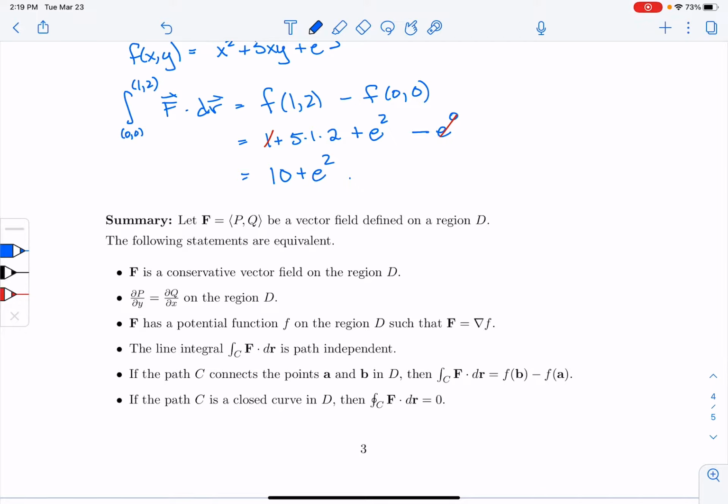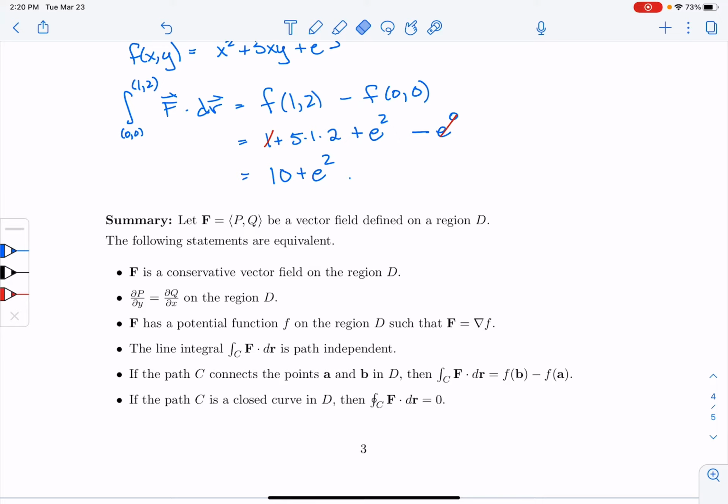We've learned that we can use the fundamental theorem of calculus for line integrals to say that if the path C connects the points A and B in D, then we can evaluate that integral of F dot dr using the potential function little f. And then also for conservative vector fields, the integral around any closed path is going to be 0. So all of these statements are equivalent.